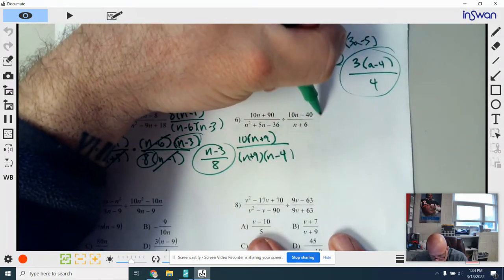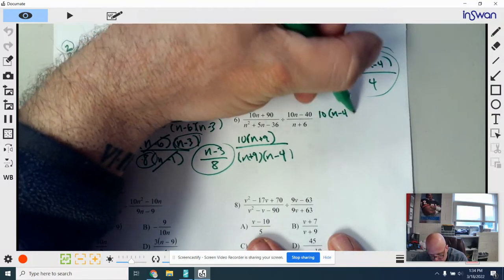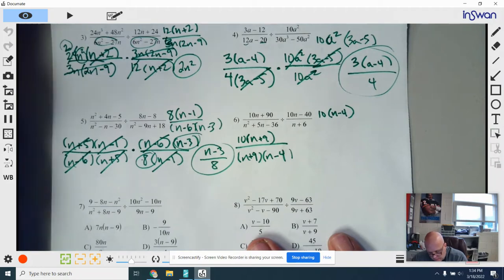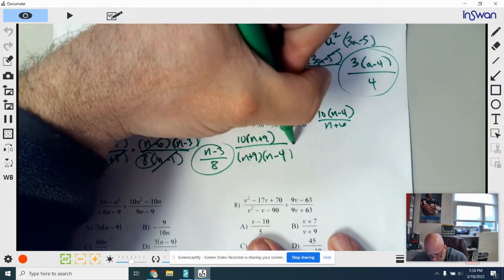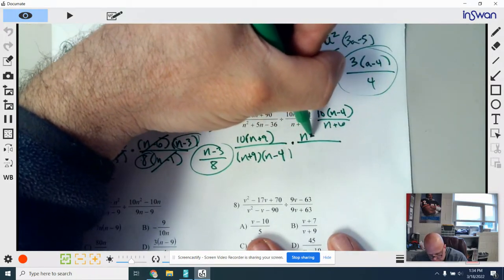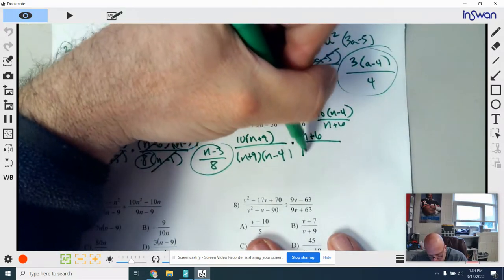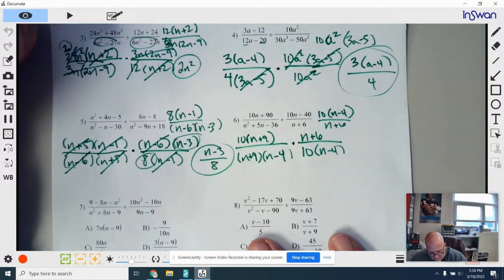Okay, on this side, pull out your 10 for your GCF up top. n minus 4 goes back. And then the bottom, it just was n plus 6. So keep, change, flip. So n plus 6 over 10 times n minus 4.